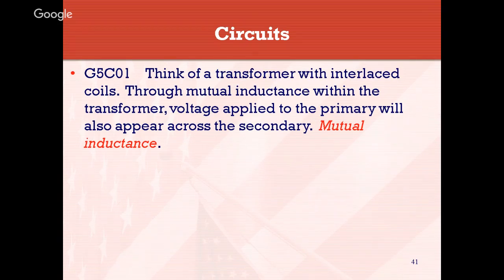Think of a transformer with interlaced coils through mutual inductance within the transformer. Voltage is applied to the primary and it will also appear across the secondary. This is mutual inductance. Typically, you either have a step up or a step down transformer.